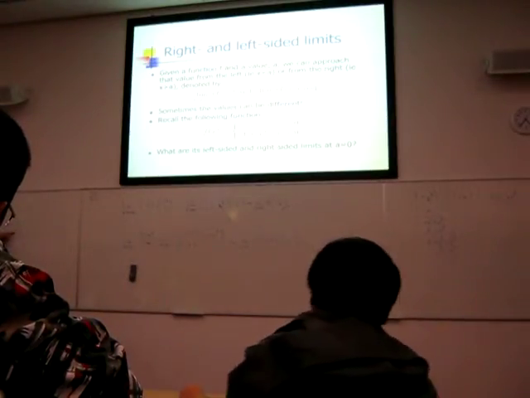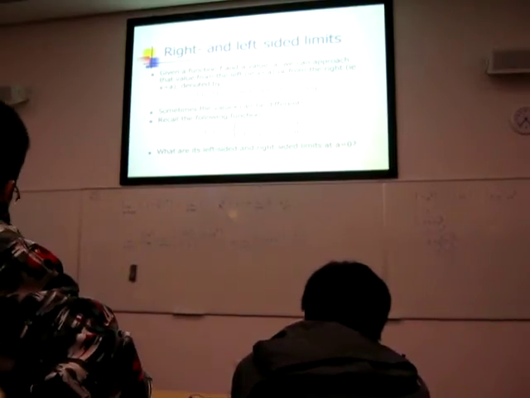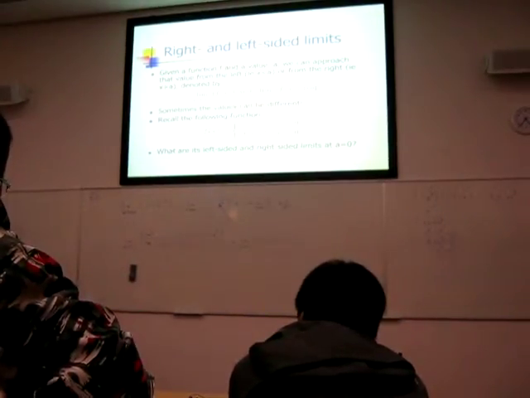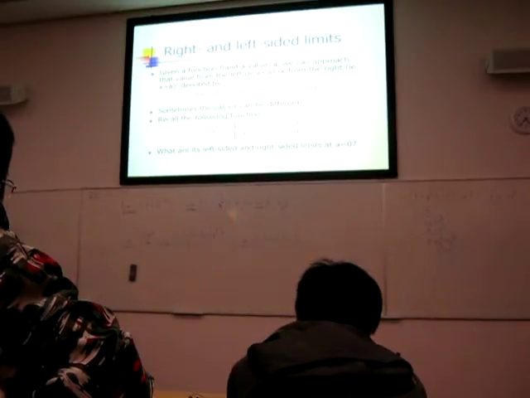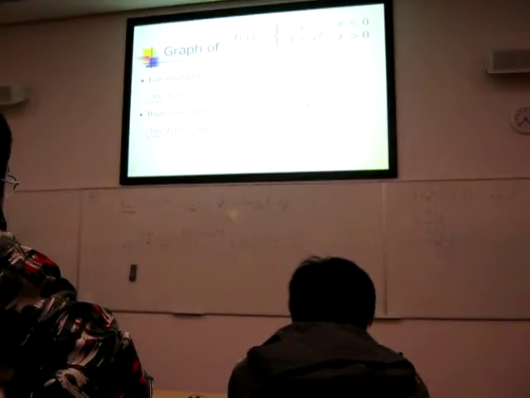Approaching it from the right gives us 1. That's what we just did. So just do a different function. So here, on the left-hand side, you're approaching it, we're getting to 0. On the right-hand side, we're coming down this way, and we're getting to 1.